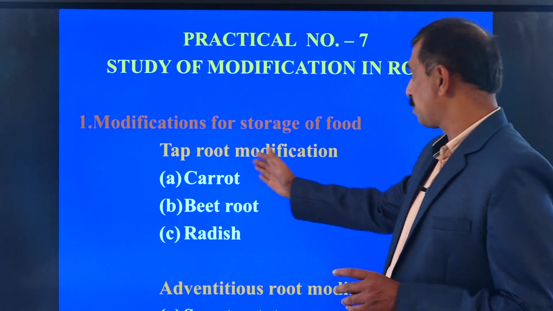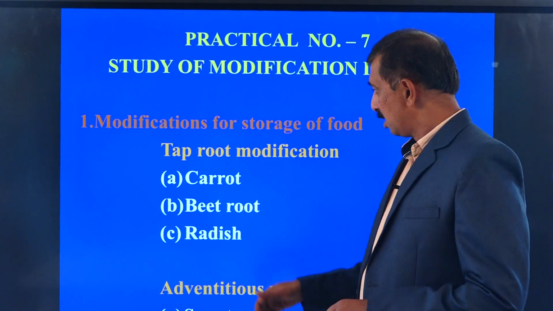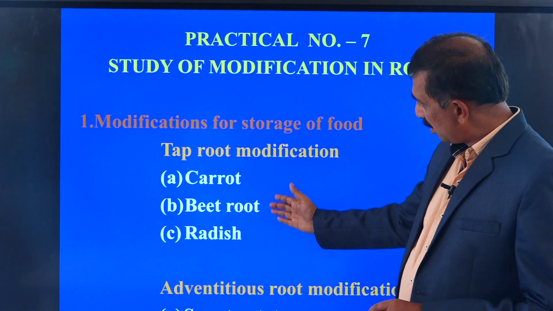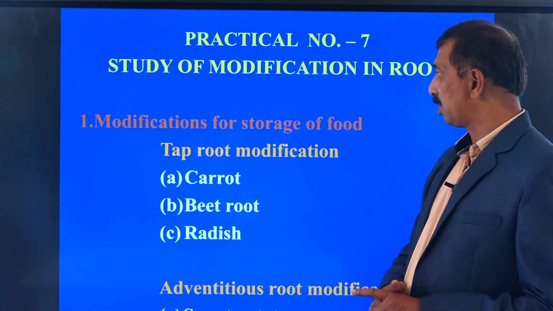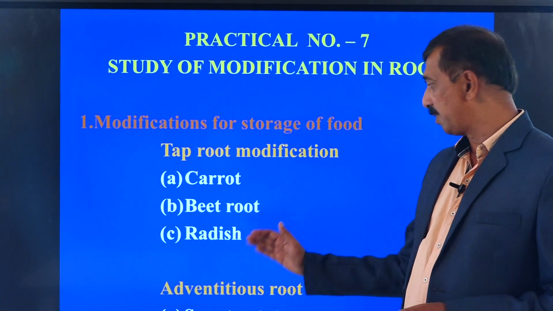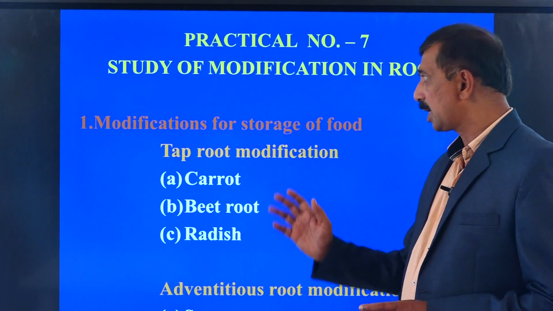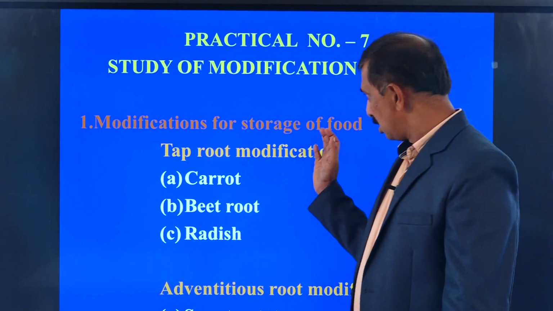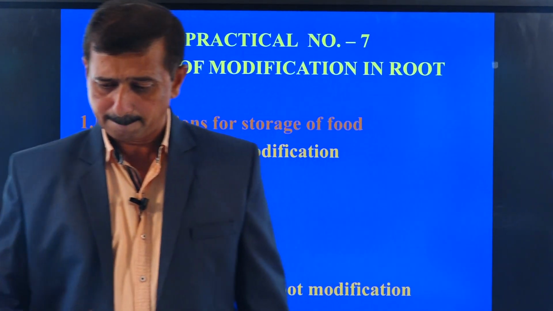In case of taproot modification, carrot, beet and radish exhibit modification for storage of food. Under the adventitious category, sweet potato shows the modification for storage of food.